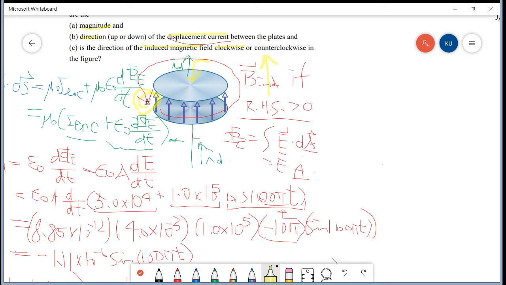So you use the thumb of your right hand to point upward, something like this. Then you have several fingers like this, and your fingers will point in the counterclockwise direction.